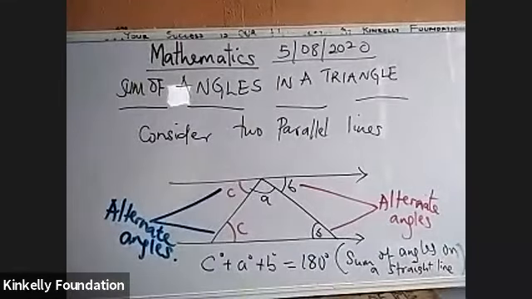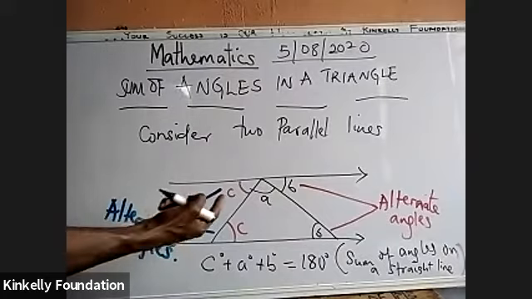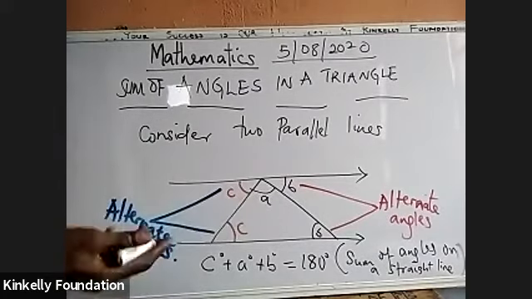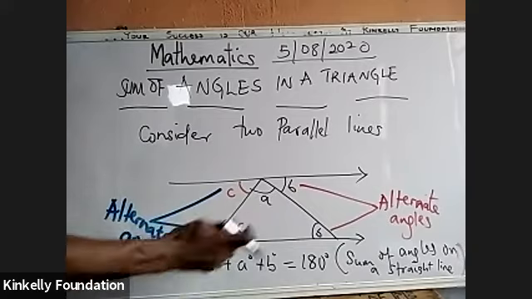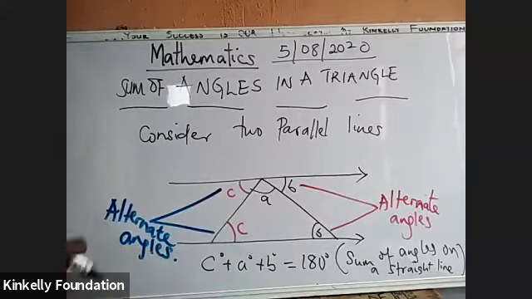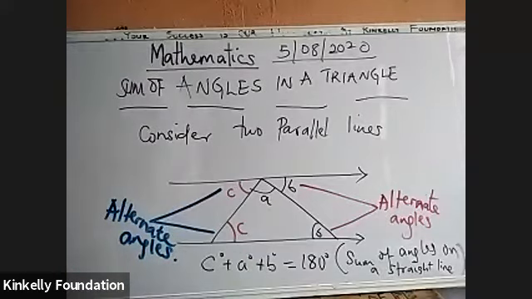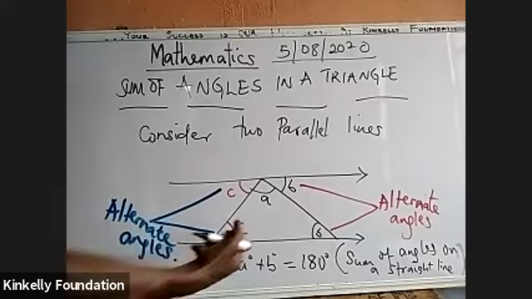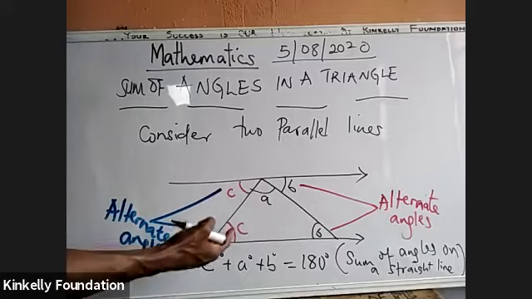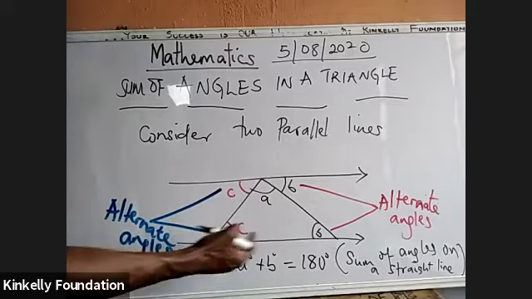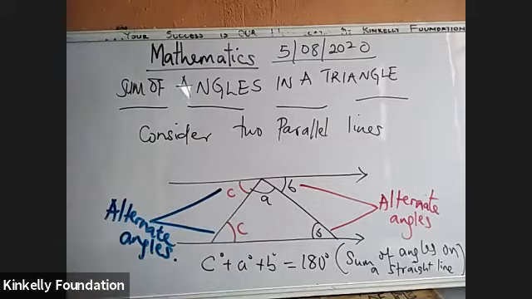That's the first one. You see, this plus this plus this. And if you check, the C is also here, A is here and B is there. You now see that the same thing adds up to what? 180 degrees. So we have shown that this is also 180 degrees.